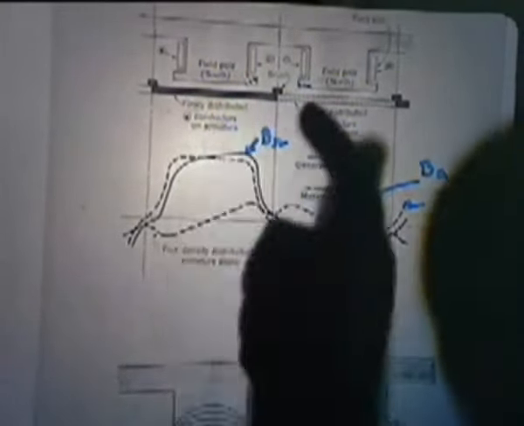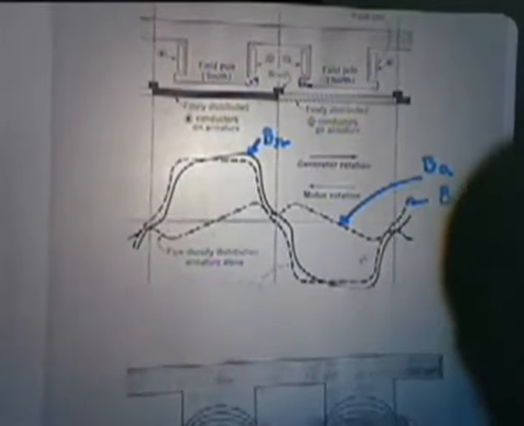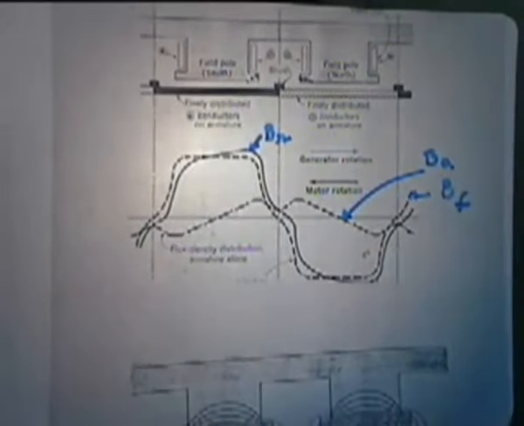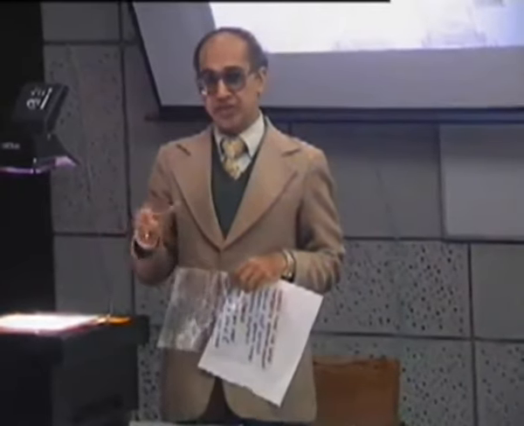If the currents are also changing, there will be highly distorted time-varying flux densities under the poles, which will induce considerable time-varying voltages in the conductors. Those voltages will come to the commutator segments attached to those conductors. So between different commutator segments there will be differential voltages.